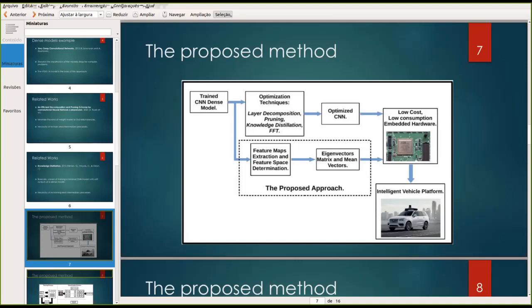Our approach works in another way. The feature maps of the trained dense CNN model are extracted and the feature space is determined, generating the matrix of eigenvectors and the mean vectors for each layer of the model.